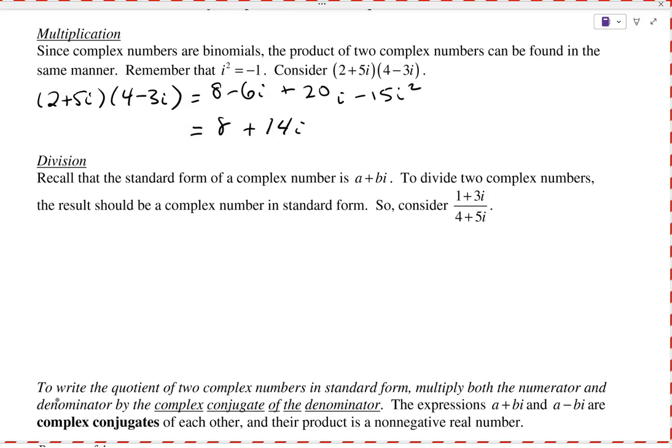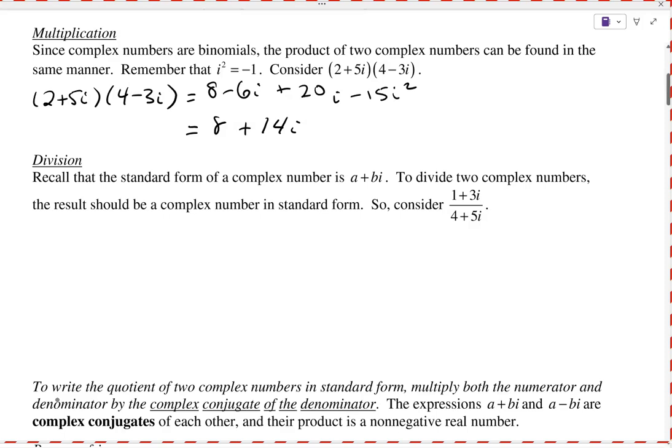We would combine like terms in the middle, just like we did before. So we've got a minus 6i plus a 20i, so we get a plus 14i. Now, the only thing that's a little bit different is this last piece. Remember how we defined i? Your i is your square root of negative 1, right?